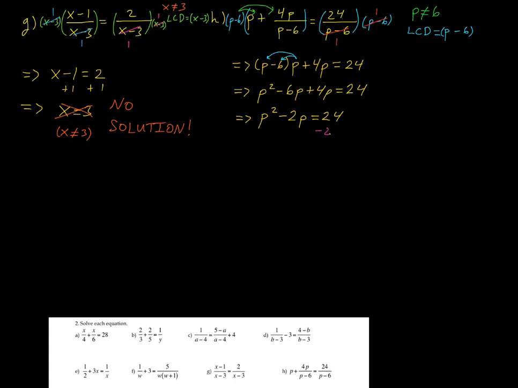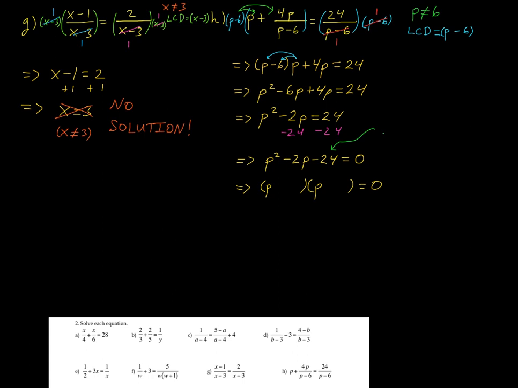Let's go ahead and subtract that 24 from both sides. And then that's going to give us p squared minus 2p minus 24. And that's all got to equal 0. All right, and then let's go ahead and try to factor this. So for the p squared, well, just one option there, p and p to build the p squared. For 24, well, I have a few different options, and keep in mind I'm trying to build a middle term of -2.